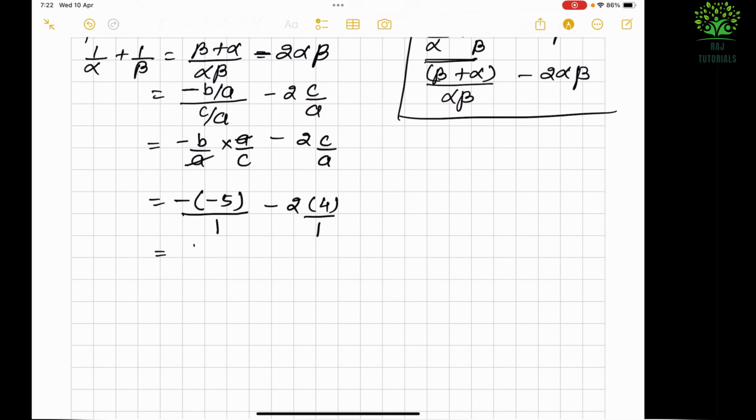So this will be nothing but 5 upon c, which was 4, so 5 by 4 minus 8. Now if I take the LCM, 4 will be the LCM, so 5 minus 32. So I will get minus 27 by 4.